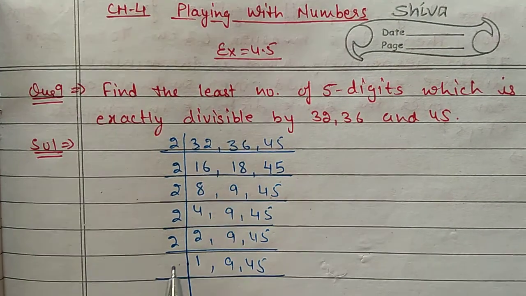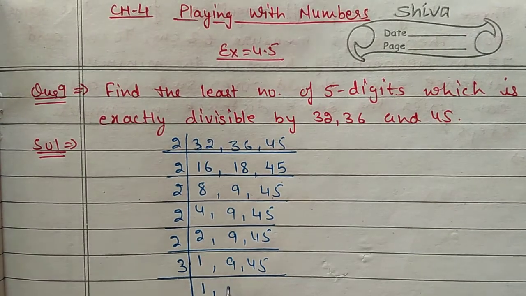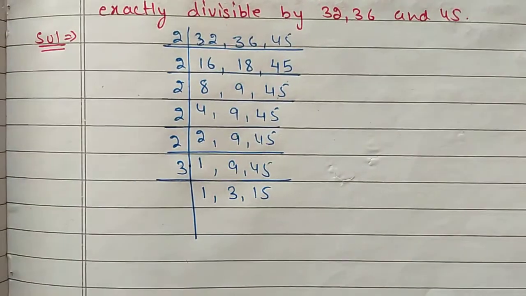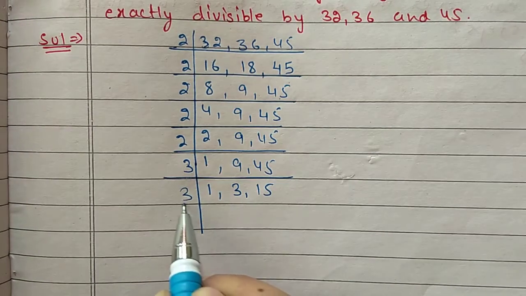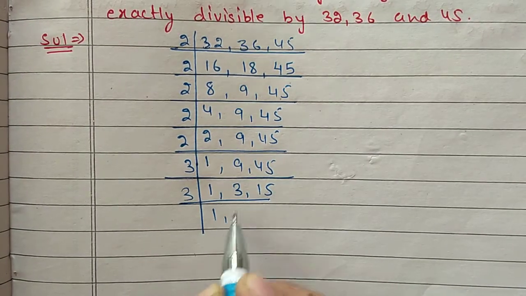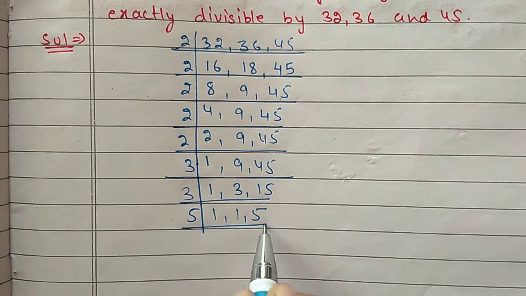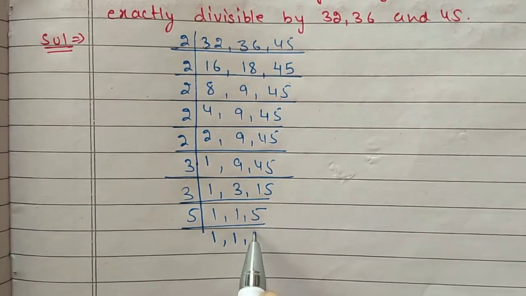Then it will go with the 3 table: 3 3s are 9 and 3 15s are 45. Then 3 1s are 3 and 3 5s are 15, and again it will go with 5: 5 1s are 5.